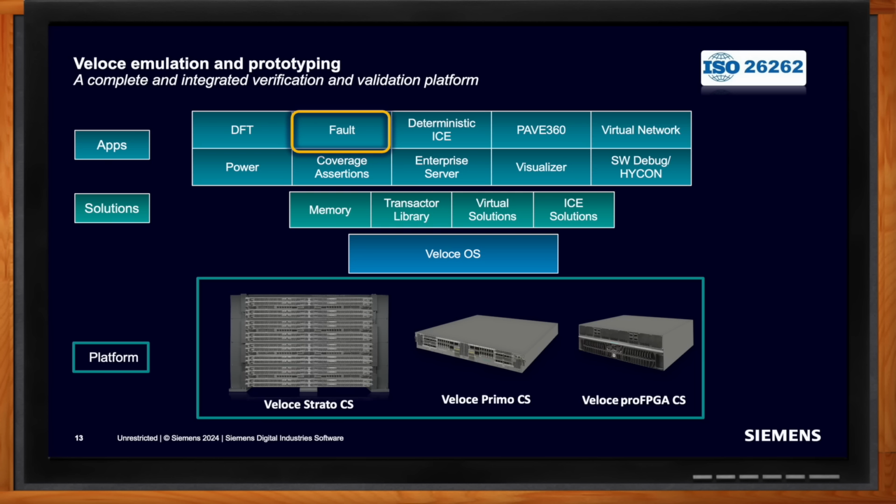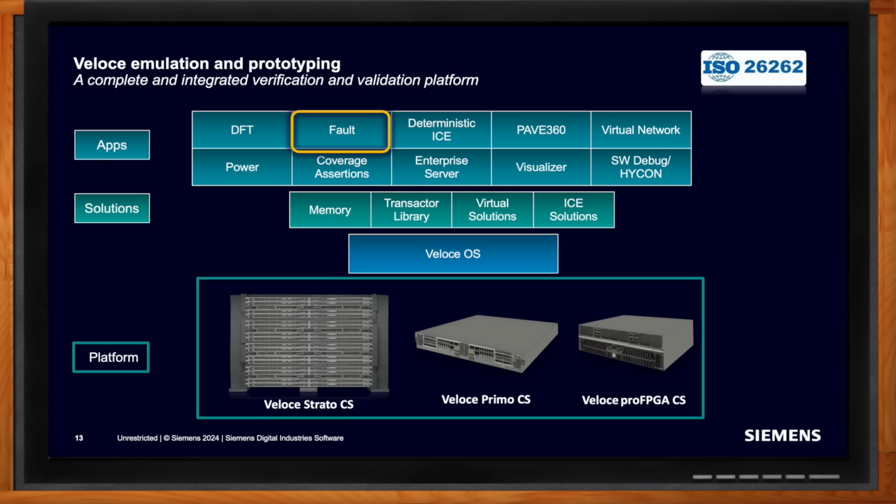And then finally on the right, we have the Veloce Pro FPGA CS, which is also a prototyping AMD off-the-shelf 1902 FPGA that gives you super fast, think 20 to 30 megahertz worth of speed. And that's to validate that your entire system, the hardware, the software, and so on, is working as designed, if you will.